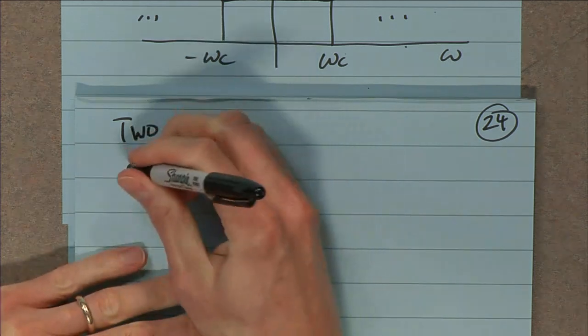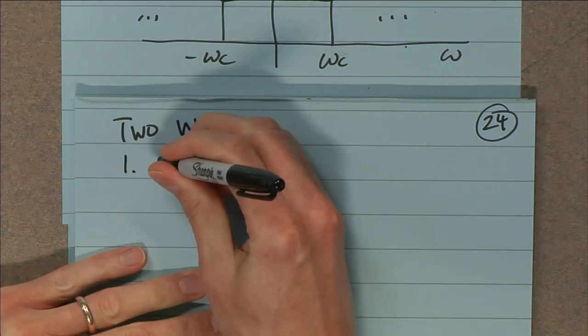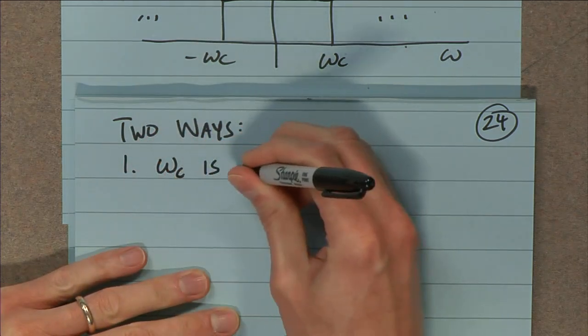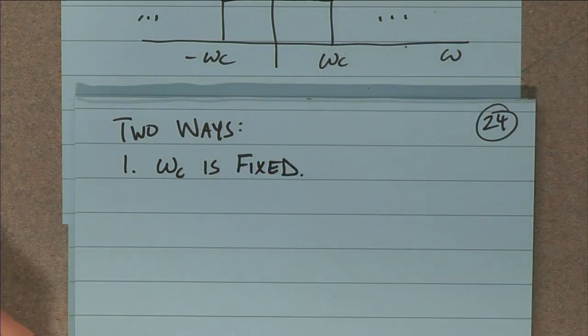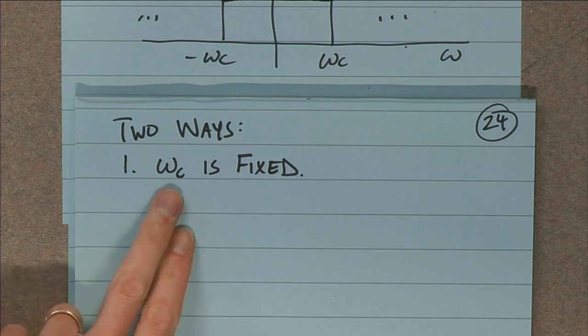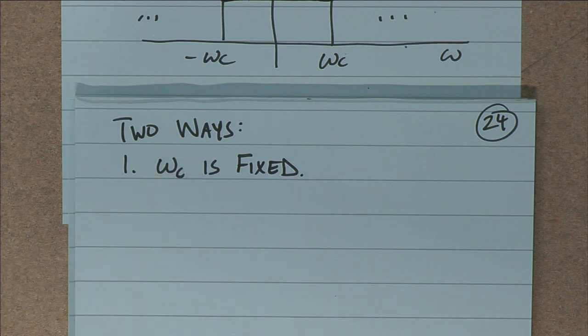So first way, ω_c is fixed. Now this one is a little bit of a weird way, but it's almost like someone threw a digital filter at you and said, you must use this digital filter. Whatever you do, I don't care how you solve the problem, but you must use this digital filter. Well, that digital filter has a fixed ω_c, and it was probably designed for something else.